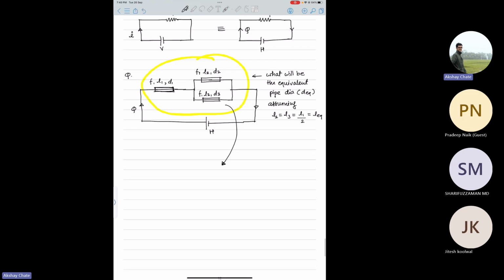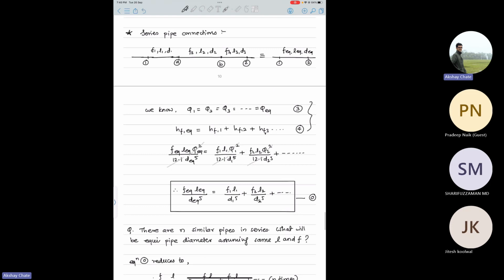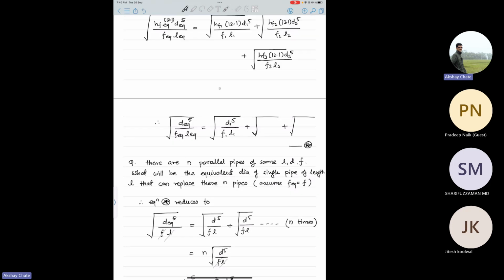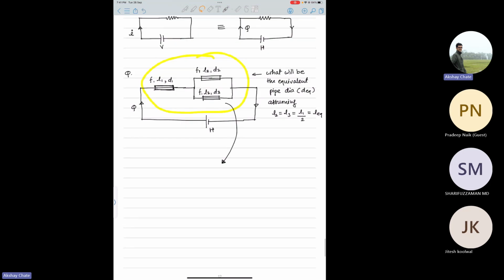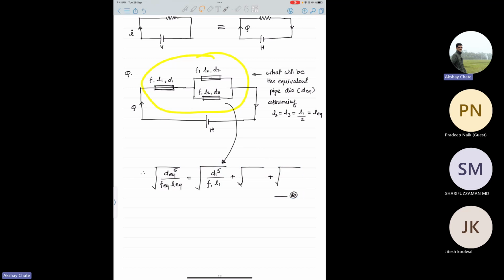Here we know that for parallel we have this formula, right? Yeah, this formula. Maybe I can copy it. Now we have this formula, and there are only two parallel connections.